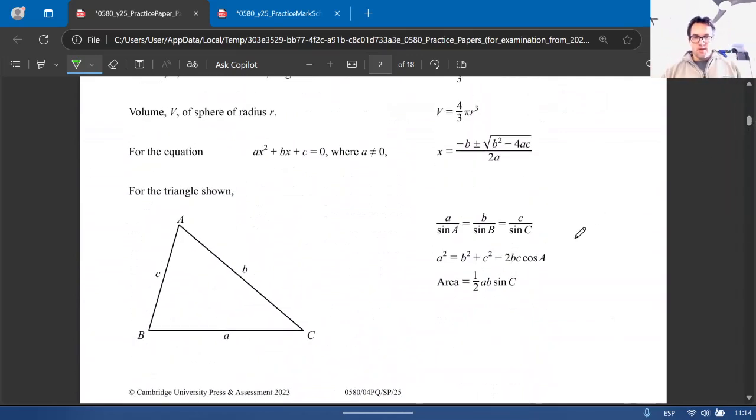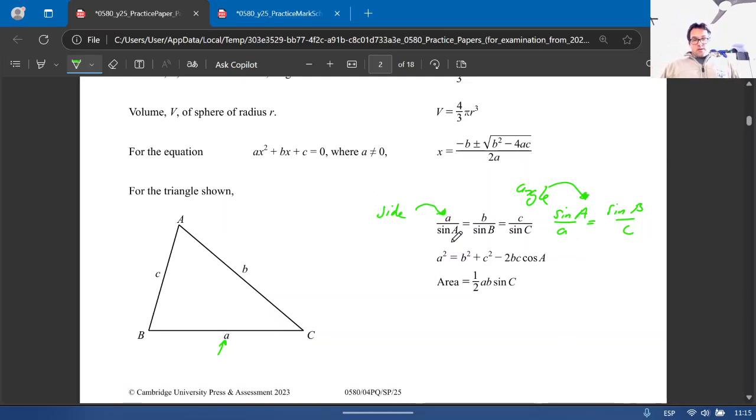This one is best for working out the side of the triangle. If you ever have to work out the angle, of course, you can flip it around, and then that one's better for working out an angle. So they don't give you two versions, but just know that you can flip it around for the other version.